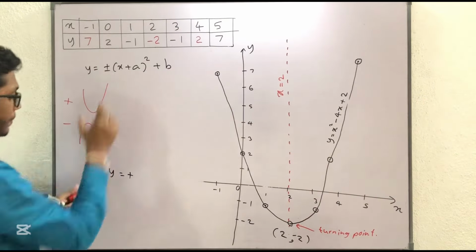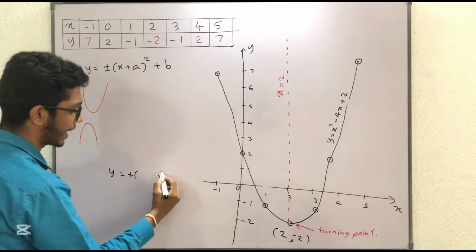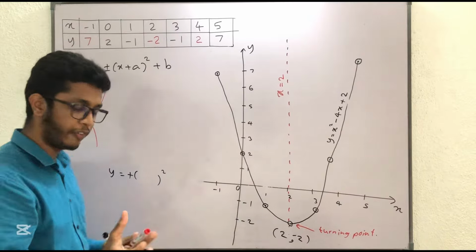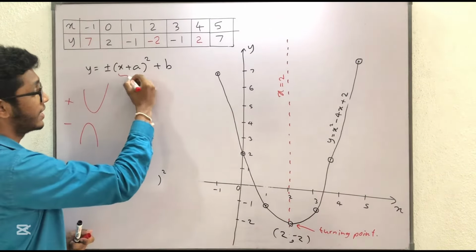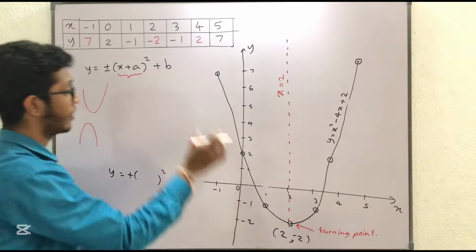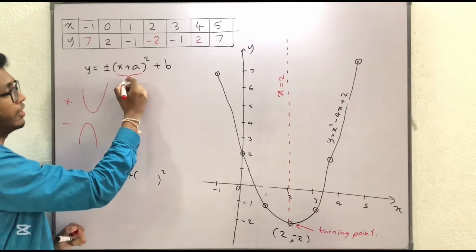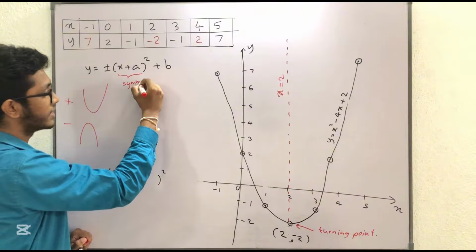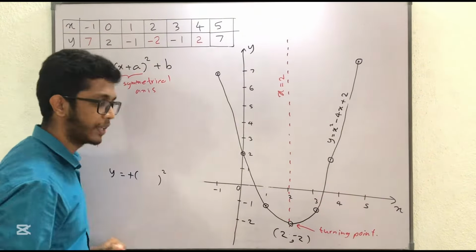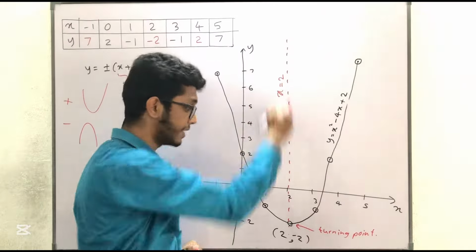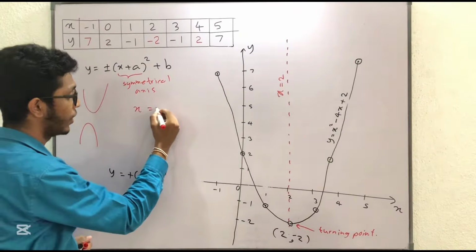Then there is a bracket part. How do we fill the inside of the bracket? For that, we consider the symmetrical axis of the graph. As I explained before, the symmetrical axis is x equals 2.